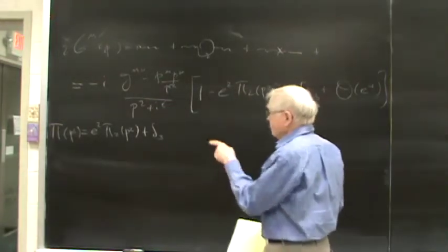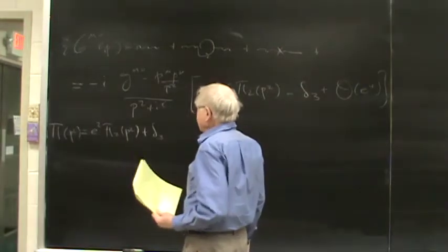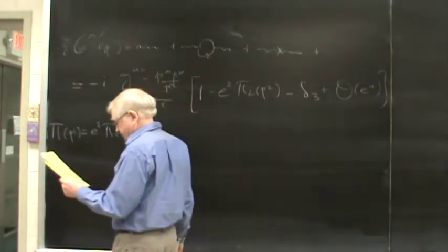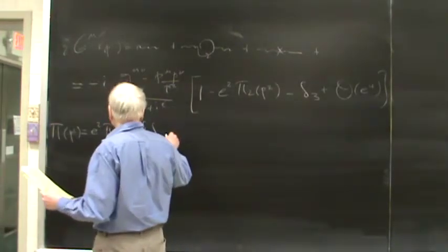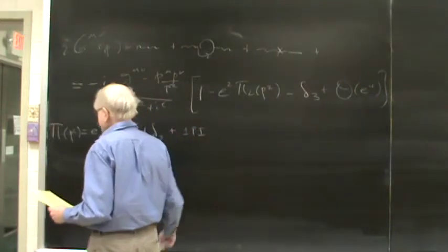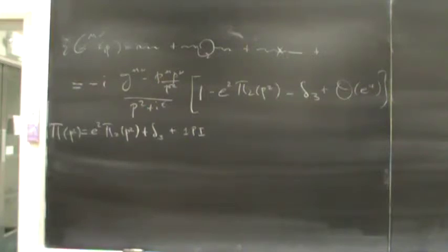And so pi is this thing that's actually small. And we can also imagine that we've added the 1PI terms, which of course are higher order in e because there aren't any at the one loop level.